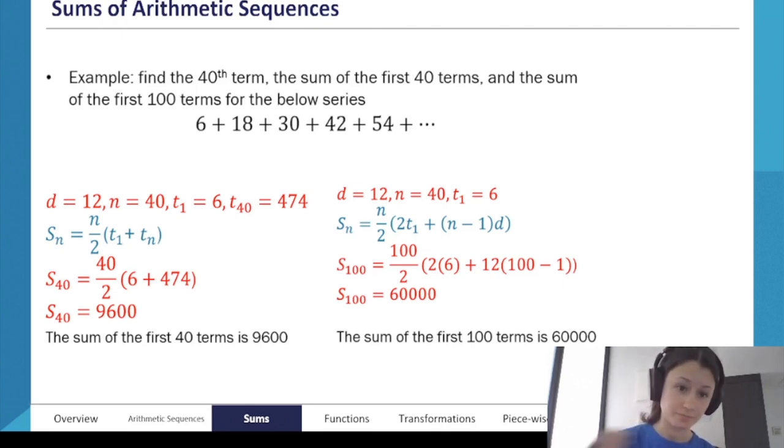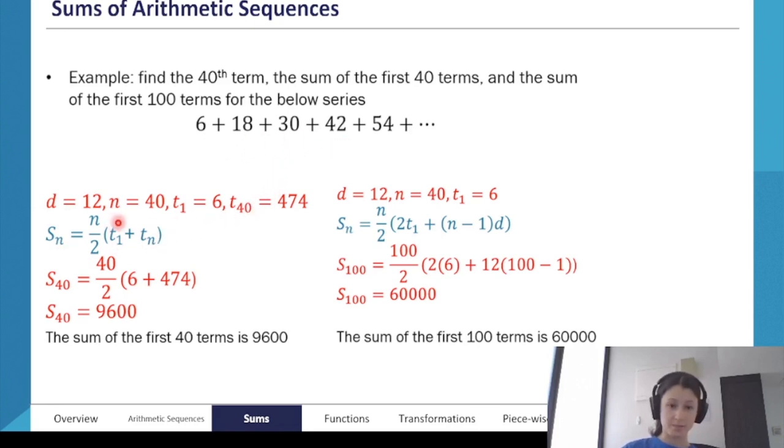So this is a similar question that we did earlier in the lecture. So we've actually already found the 40th term in that example before, because this is the same series.